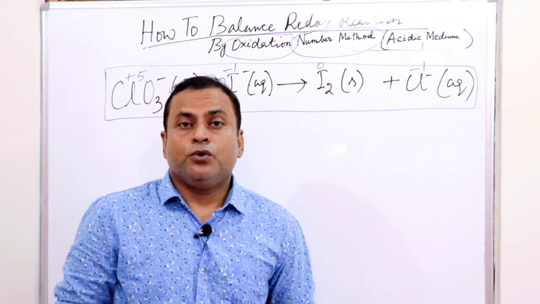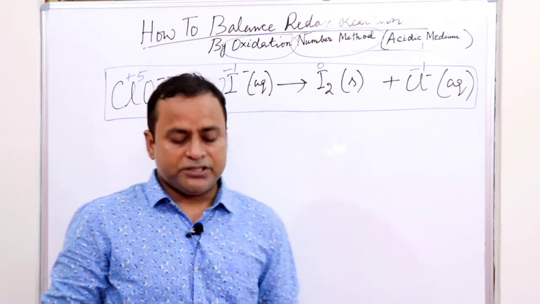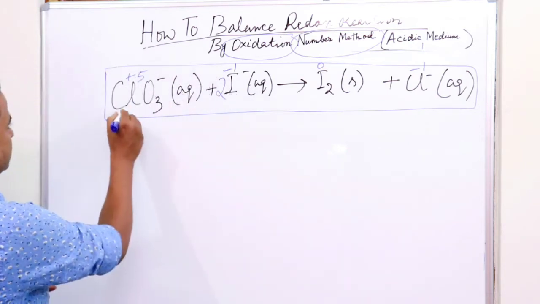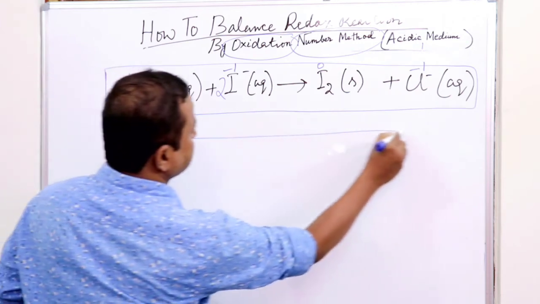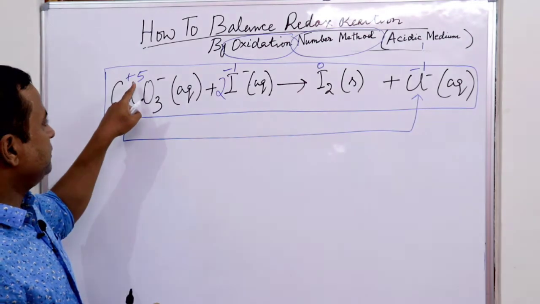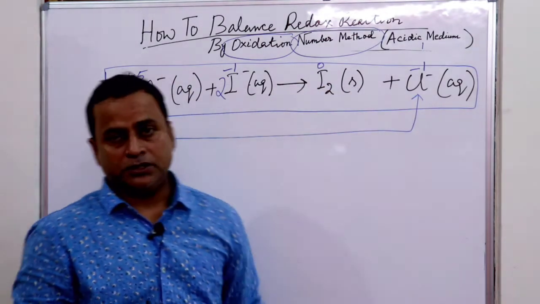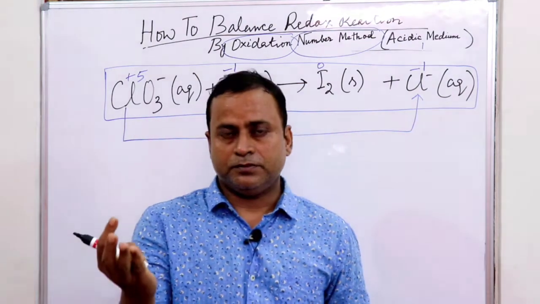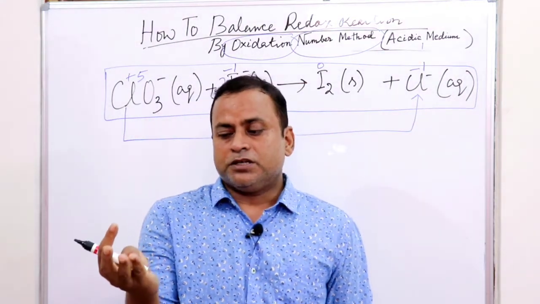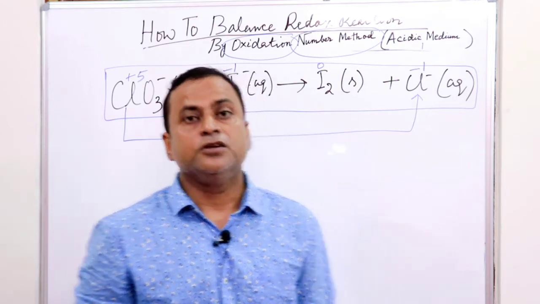Next step, we have to check what is the decrease and increase in oxidation number. So let's start with chlorine. See, the oxidation number of chlorine decreases from +5 to -1. So how many units? From +5, that is +4, +3, +2, +1, 0 and -1. So 6 units.